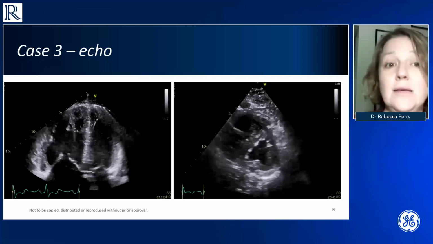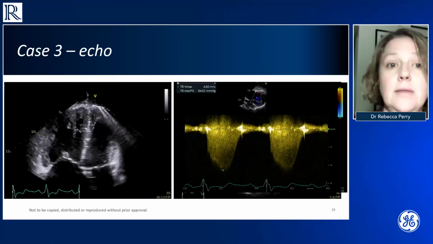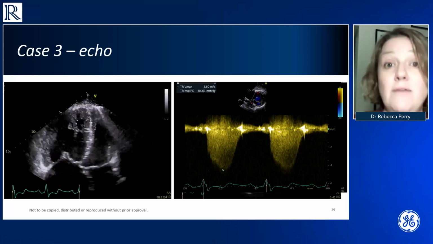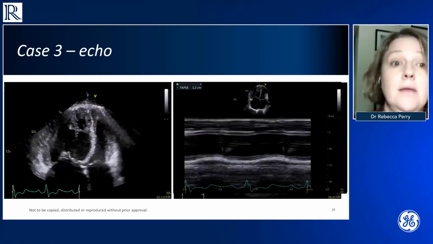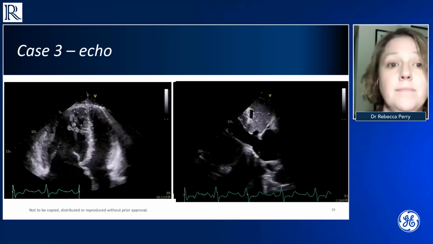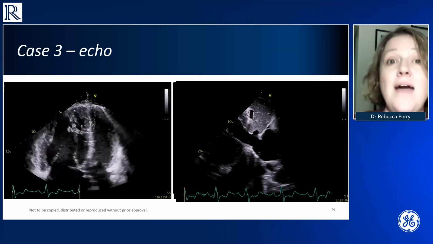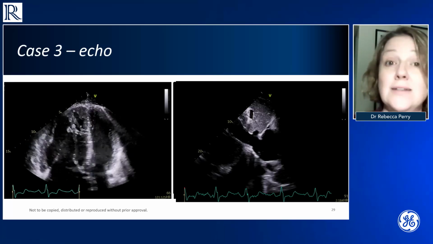That much is clear. So we know that there's something going on in the right heart. Hugely high right ventricular systolic pressure. TAPSE is abnormal. And a big fixed and dilated IVC. And their question to us in ICU was, is this acute or is this chronic?